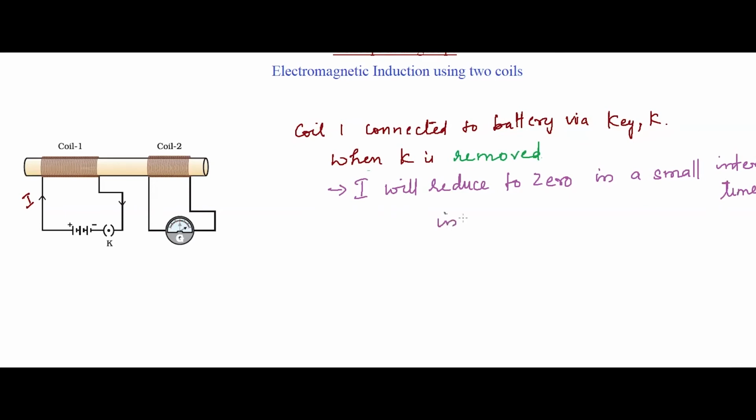This happens in coil 1: the current reduces from a maximum value to 0 in a very small interval of time.